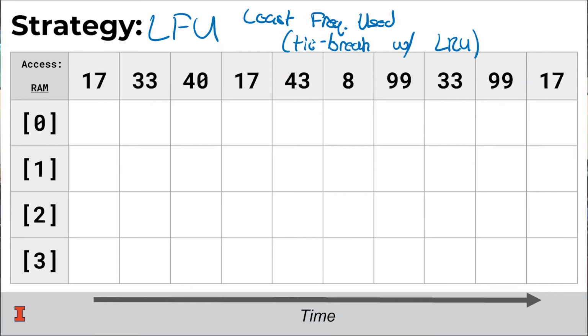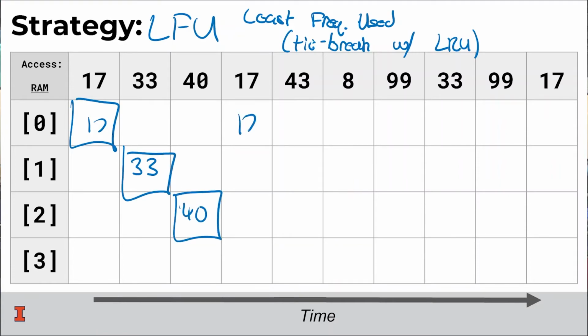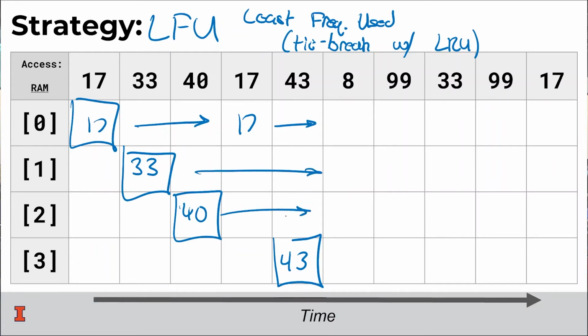So going through the same thing, we know 17 page faults into the first one, 33 page faults into the second page of RAM, 40 page faults, we access 17, we page fault 43, and we have our first eviction when we access page 8. So what's the least frequently used?